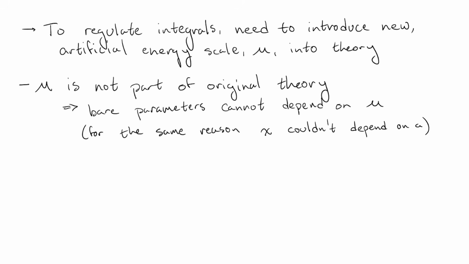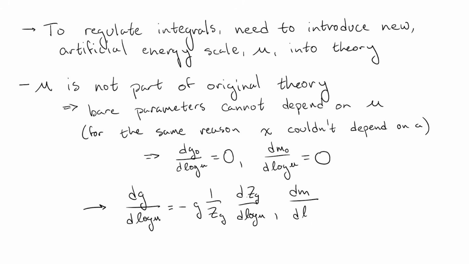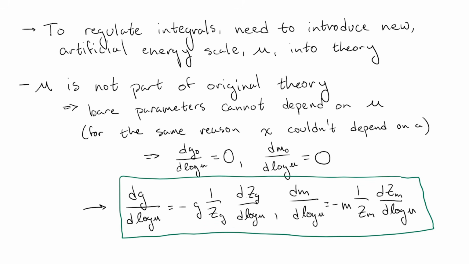In an exactly analogous way as before, this gives us a set of differential equations relating the dependence on the new energy scale of the renormalized parameters to that of the renormalization constants. This set of differential equations is known as the renormalization group equations, or RG equations for short.